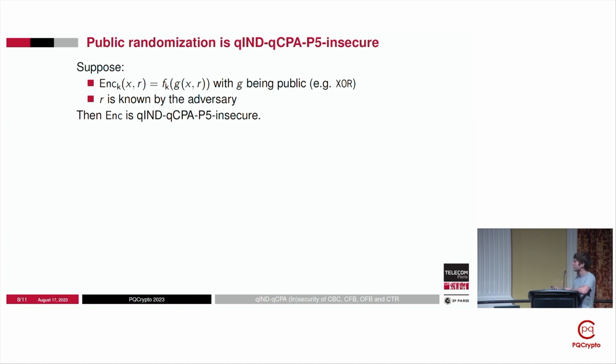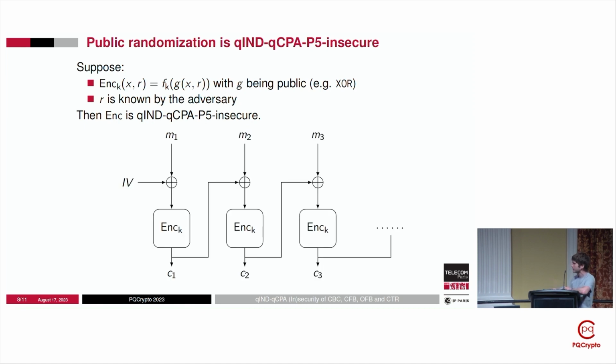A way to visualize this better is just with an example, and this allows us to prove that CBC, the CBC mode, is P5 insecure, because the CBC mode looks like this. Here we can see that the randomization is the initialization vector, and the public function G here will simply be the XOR between the first block and the initialization vector.